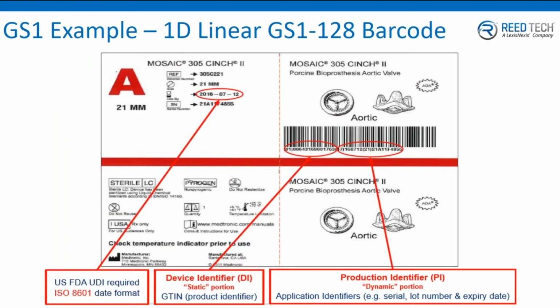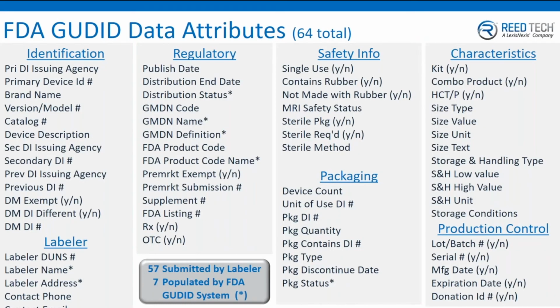Here's another example of UDI being placed on a medical device label. It happens to be the one-dimensional, showing the difference of the presentation of that data and the content when you compare that to the data attributes that need to be reported.